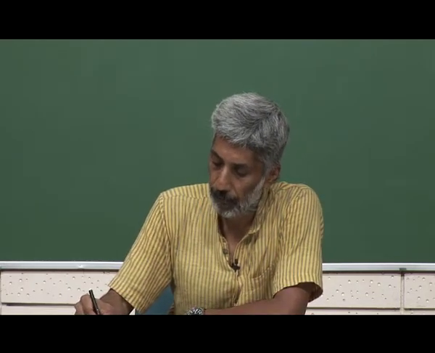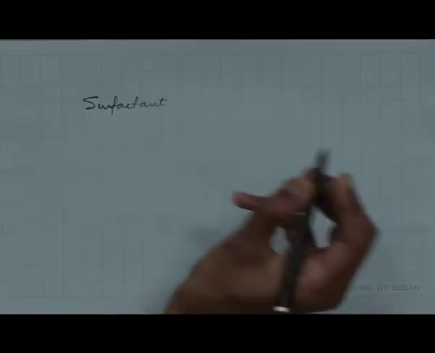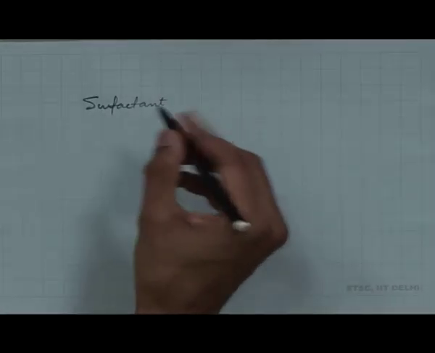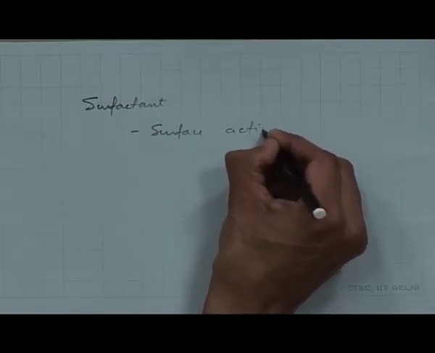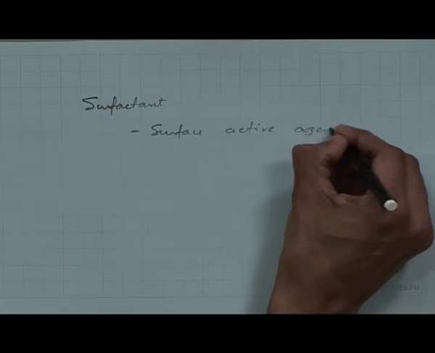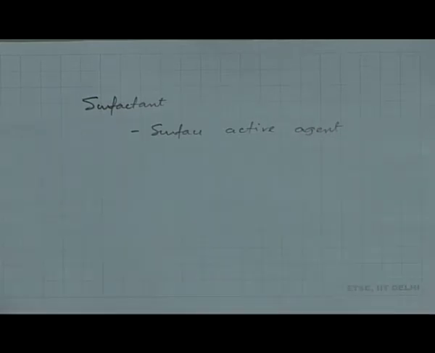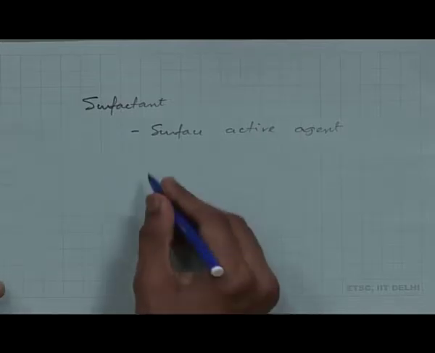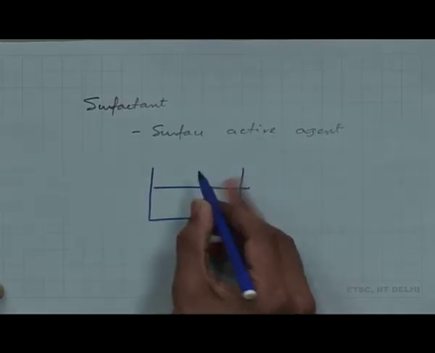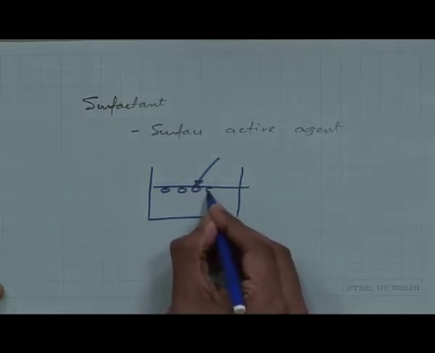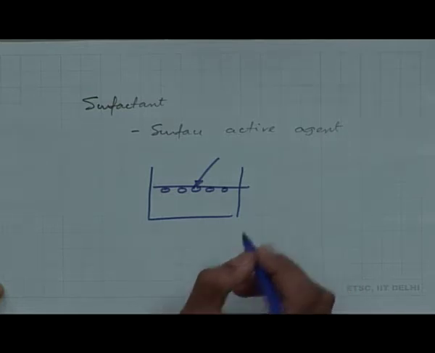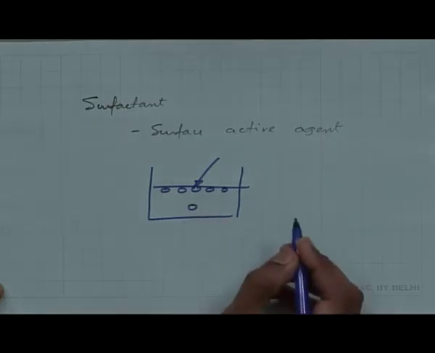Okay. To begin with, let us give an example of what a surfactant is. A surfactant is a molecule, a short form of a surface active agent. If you take any surface, imagine that I have a liquid. The molecules on the surface of the liquid experience different forces than the molecules in the bulk.